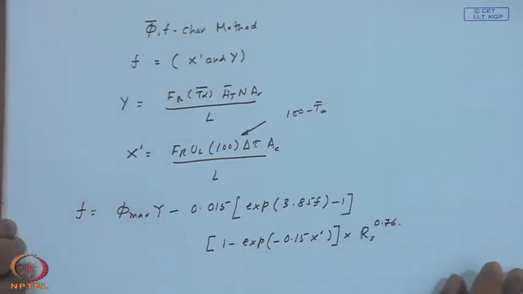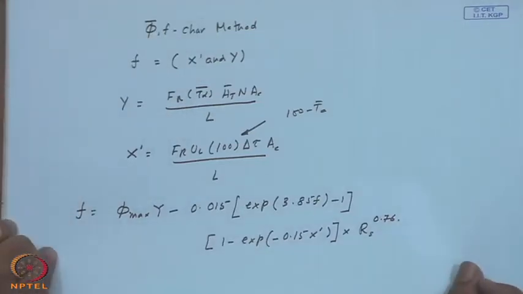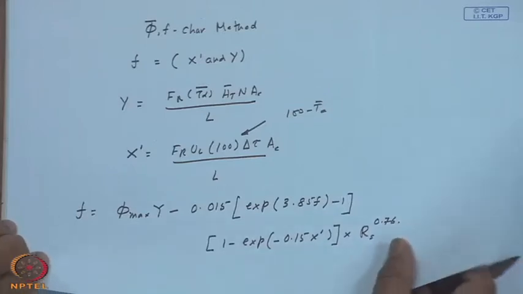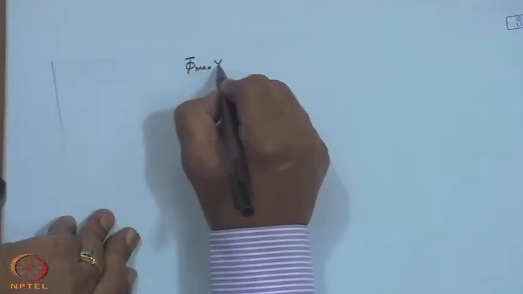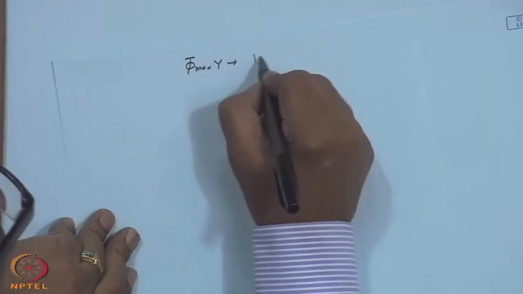Okay. This equation needs a bit of explanation. As we guessed, or rather estimated rightly, your phi bar max Y is the first term.